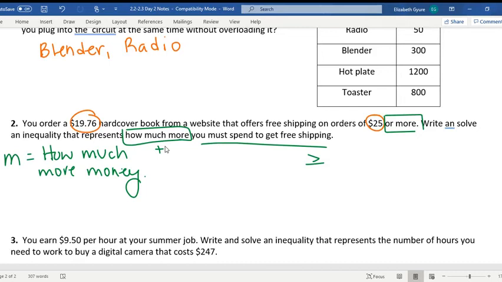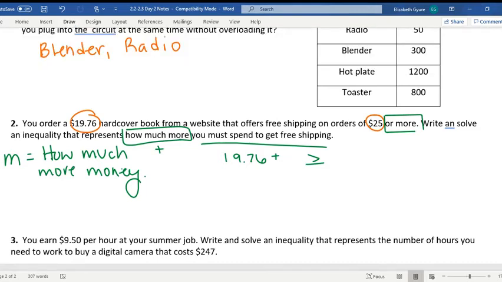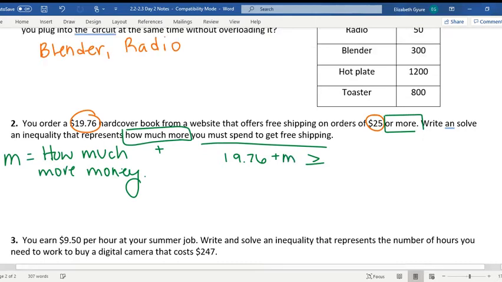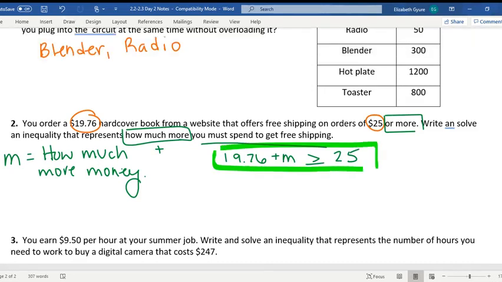I'm going to take my 19.76, I think I said 75 before, and I'm going to add my variable to it, right? How much more I can spend. And my M is for money. Is greater than or equal to what number? What number are we trying to get to? 25. Good. So that's part of our answer.